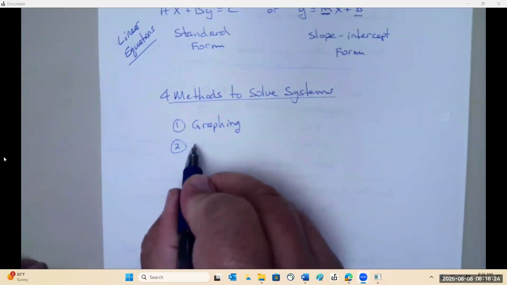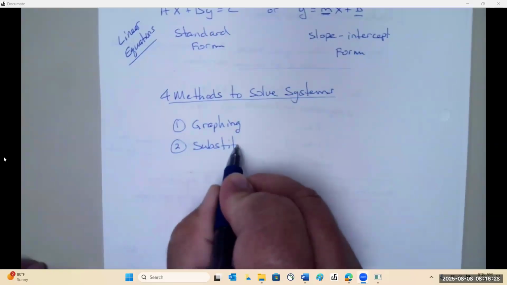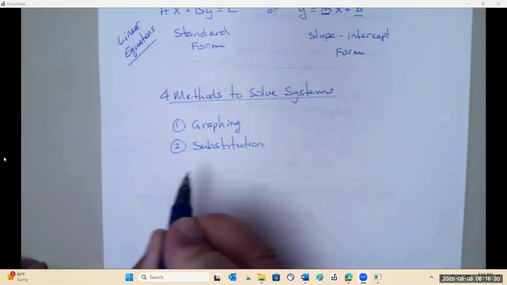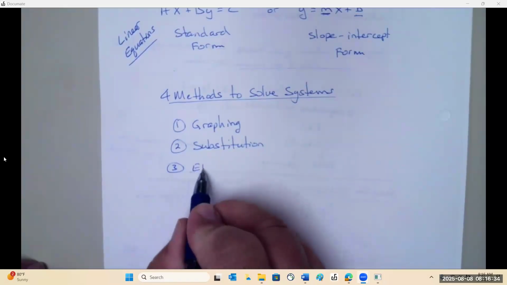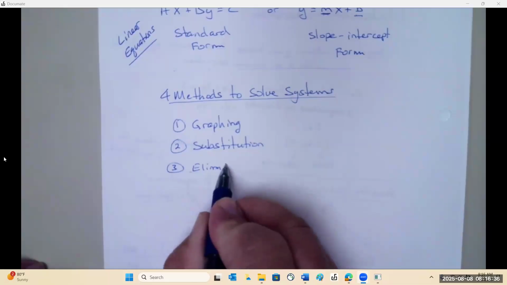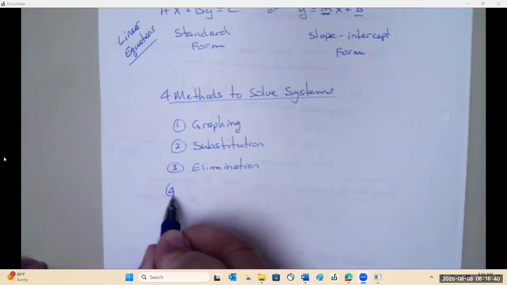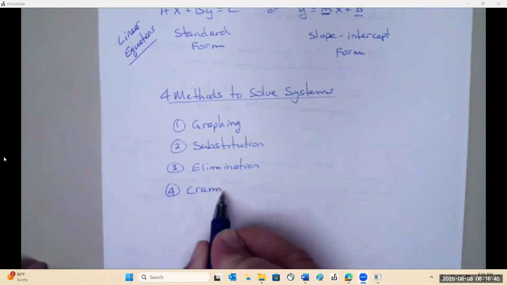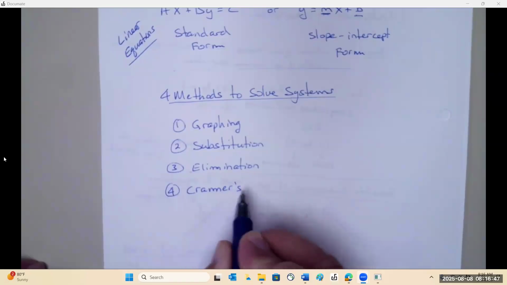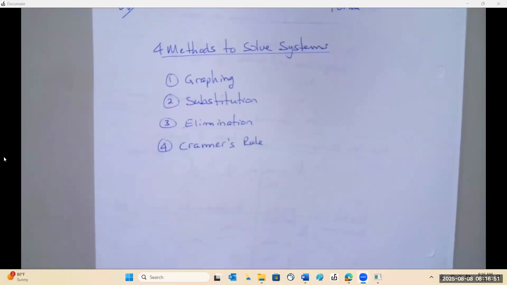The second method is called substitution. The third method is called elimination. And the fourth method is called Cramer's rule. That's how we're going to go through. We're going to look at all those.